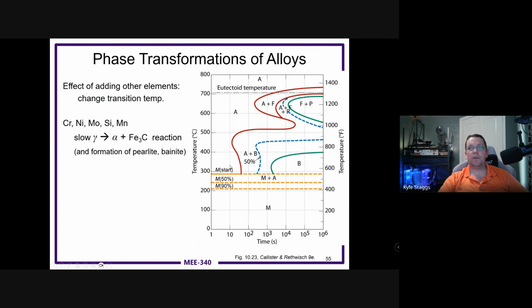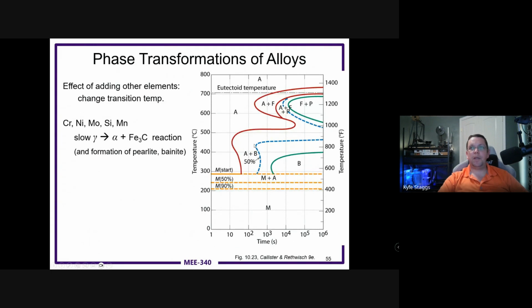So it's a little bit more leeway, and this is part of the reason why something like a chrome moly steel is typically going to be a lot harder than just a mild steel. So all of these things are going to shift where these different ratios are, and depending on how long you spend at a specific temperature, you're going to have different compositions.